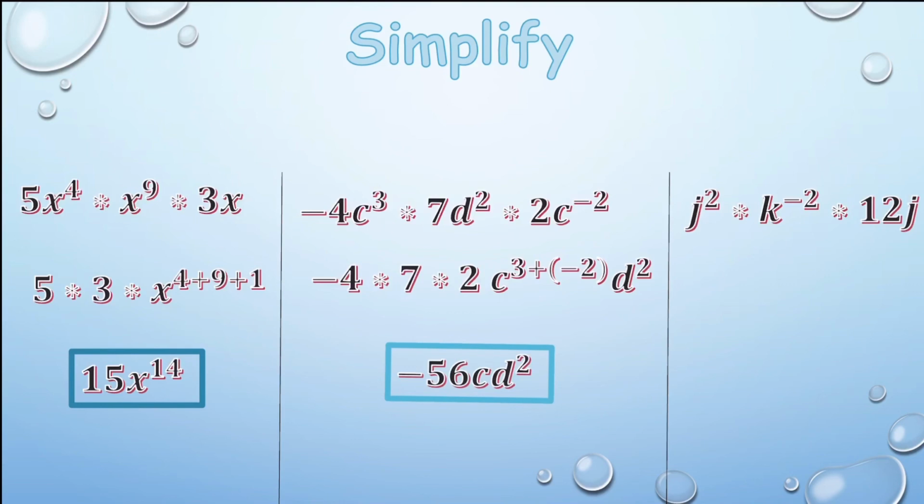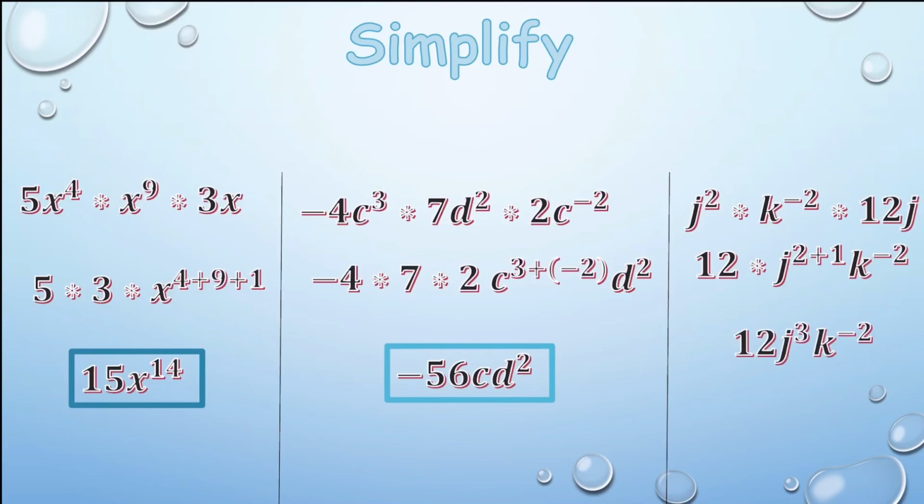Last, we have our last example. Let's rearrange it so that I have 12 times j to the 2 plus 1, and then k to the negative second. So when I add, I get 12j cubed, k to the negative second. Well, you've done the negative exponent topic, so I cannot leave that.